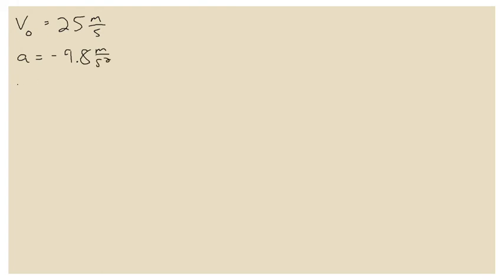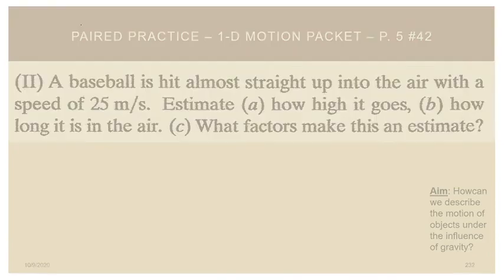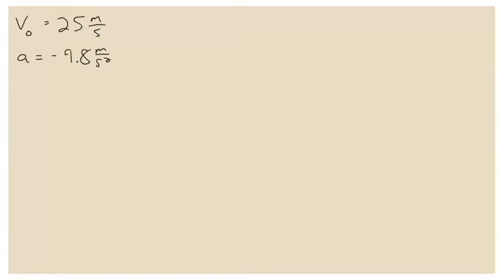Additionally, because they are asking how high it goes, the initial state, so to speak, of the object is when the ball just gets released by the bat, essentially, just after the ball stops making contact with the bat.